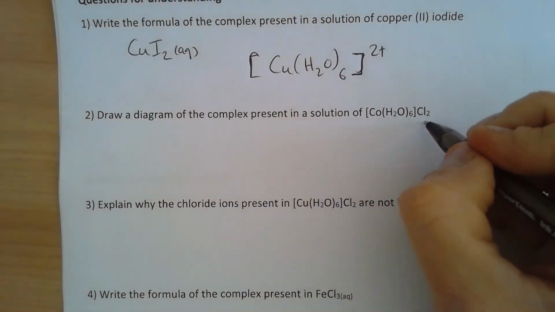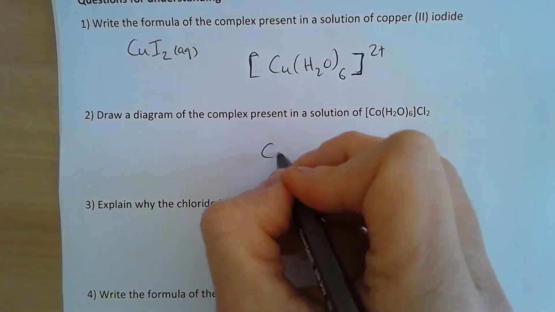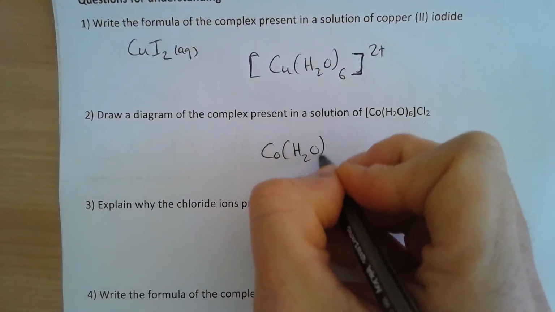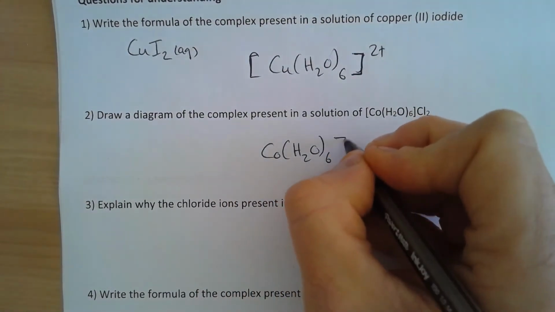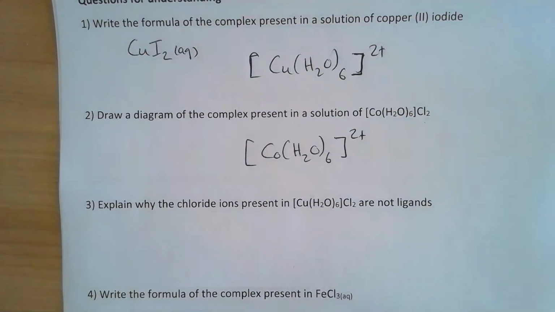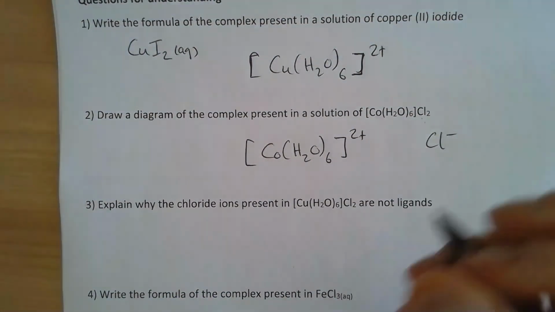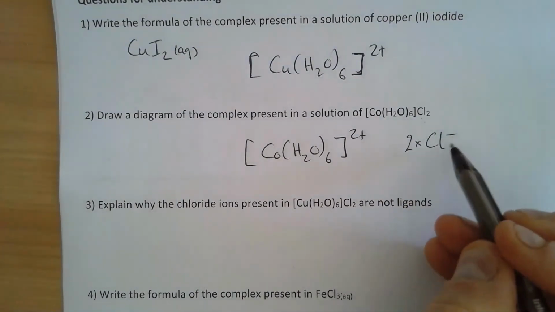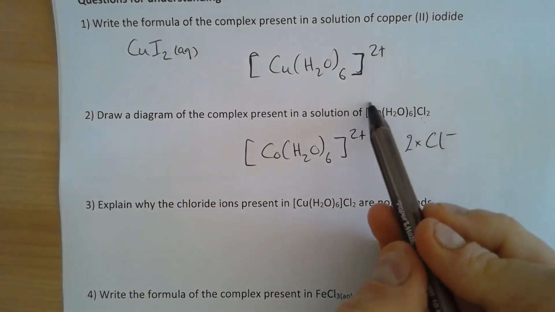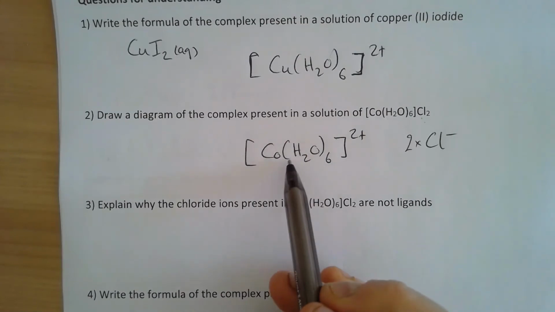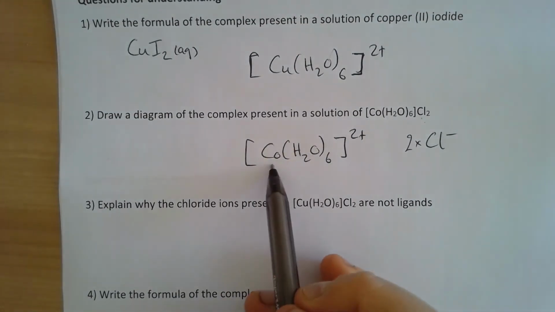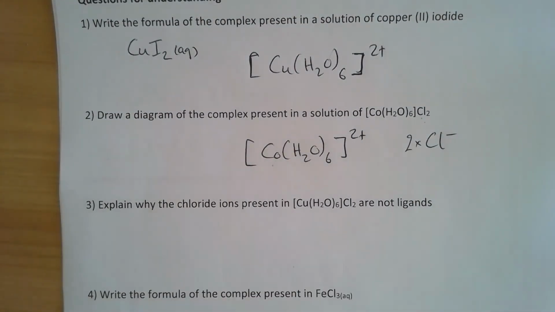Remember, these do not form dative covalent bonds, so the complex present is the hexa-aqua cobalt 2. How do I know it's 2+? There's 2 chloride ions. Sorry, that's a mistake, not ligands. Each of those have a negative charge, which means this must have a 2+ charge. The water ligands are neutral, so that 2+ is due to the cobalt.